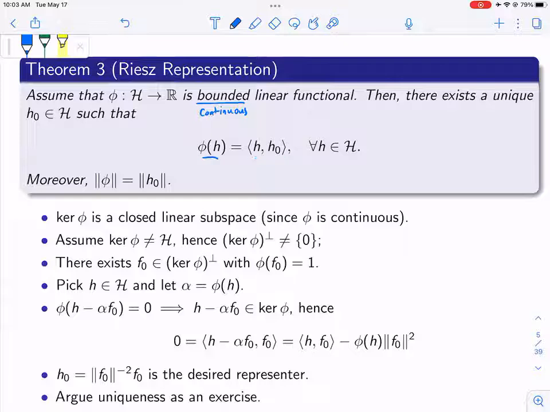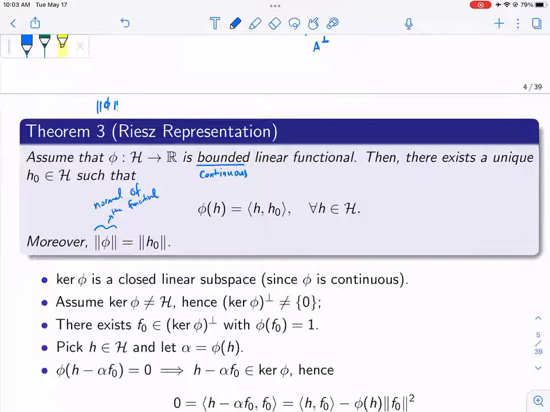So this is the norm of the functional, right? This is defined as the supremum of phi of H such that norm H is less than or equal to 1.